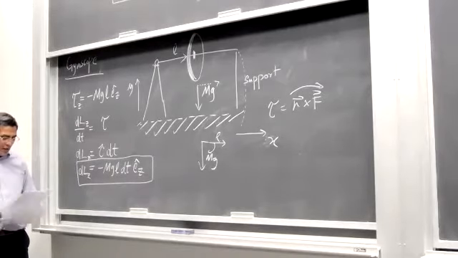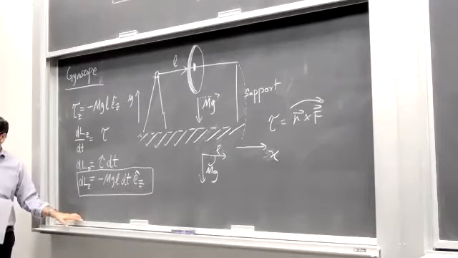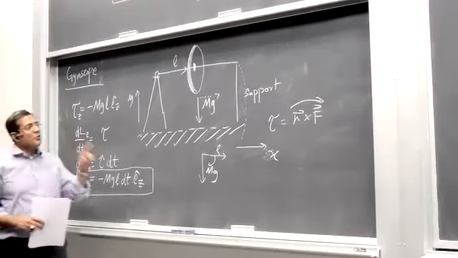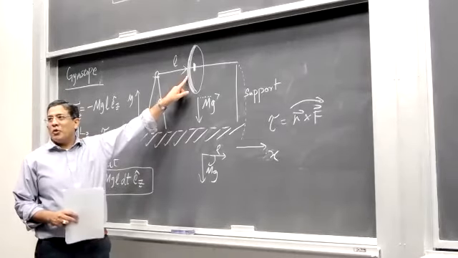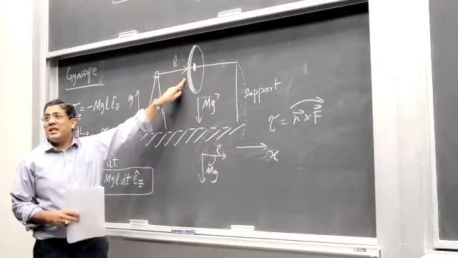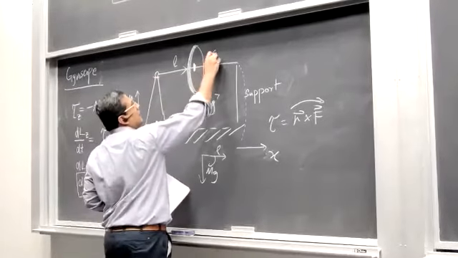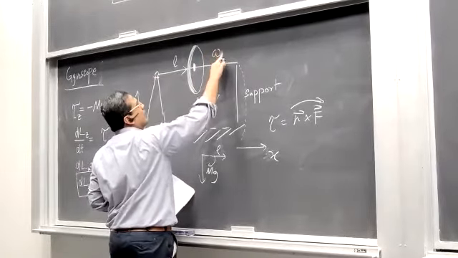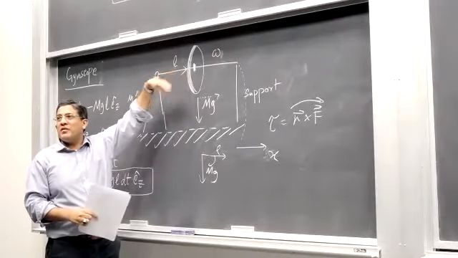Okay, moving on. Now let's make the situation a little bit complicated. Let's say we have a motor, an external motor that we can use, and we spin this wheel at a frequency omega around this rod, very, very fast.